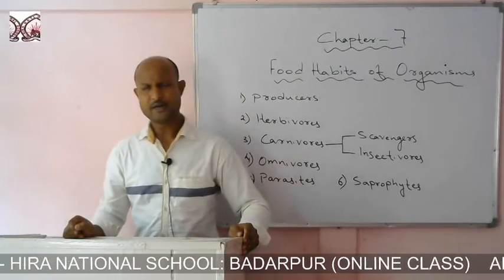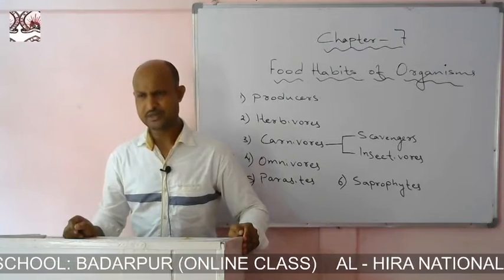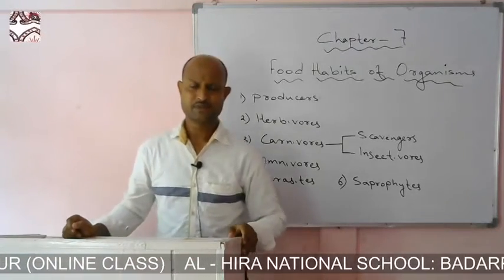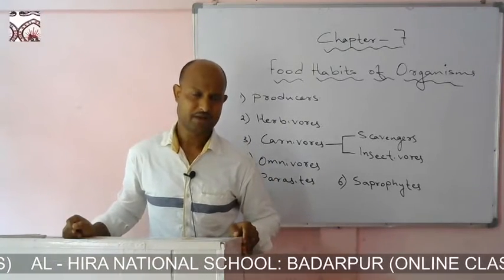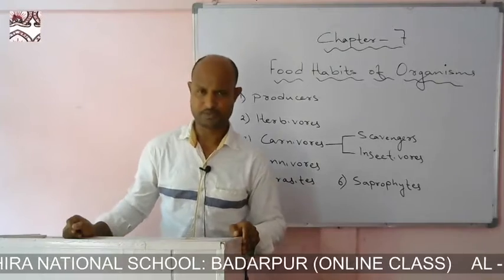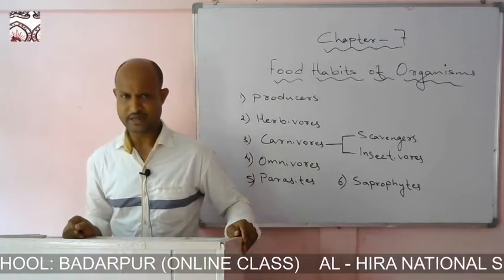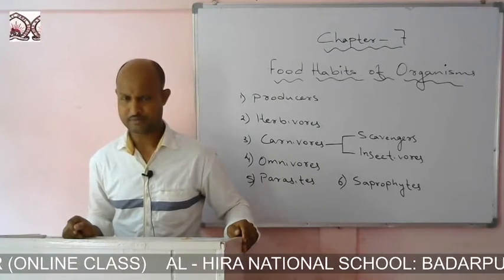Looking at the organisms, scientists have classified them into different groups based on their food habits. We know that there are many different organisms, and all of them have different food habits.